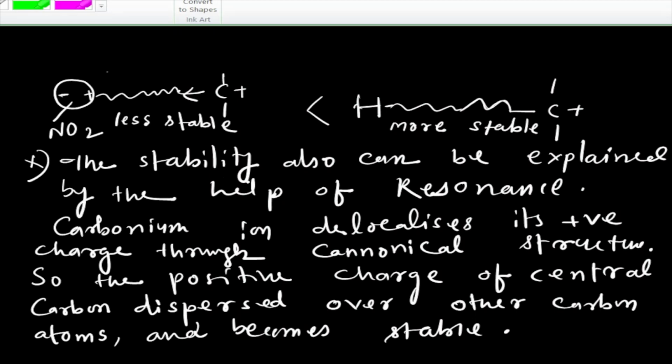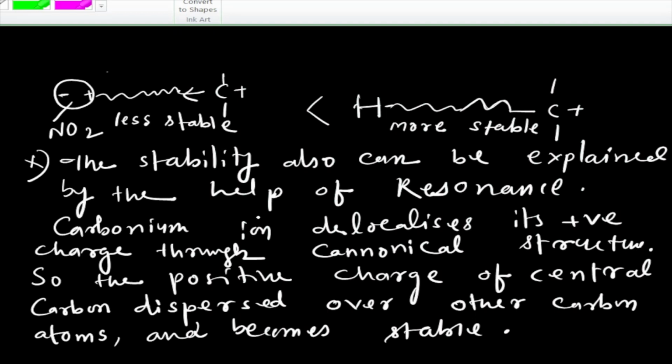The stability can also be explained with the help of resonance. You know, some organic compounds show resonance. Resonance means a canonical structure that consists of more than one structure, and it also has one resonance hybrid structure. Now what happens? Carbonium ion delocalizes positive charge.